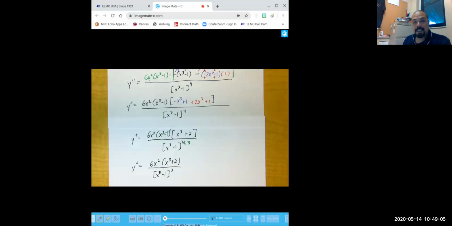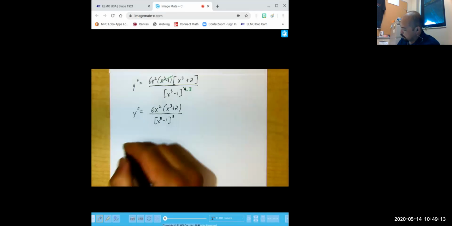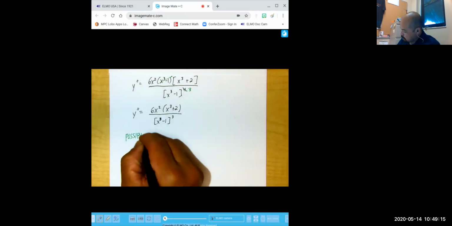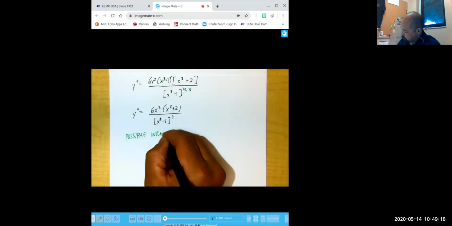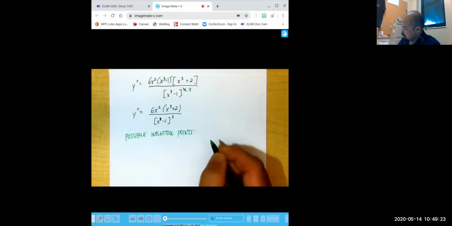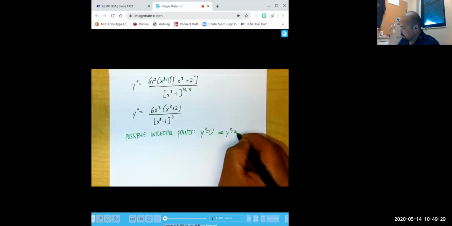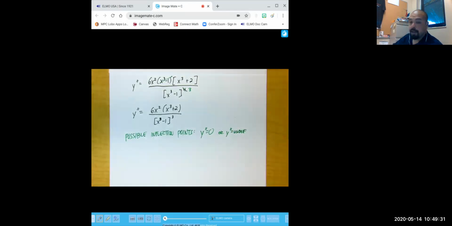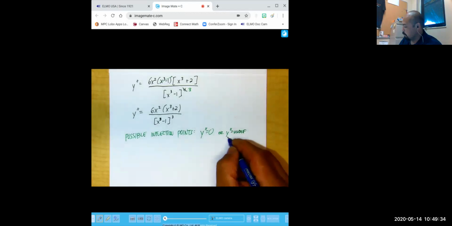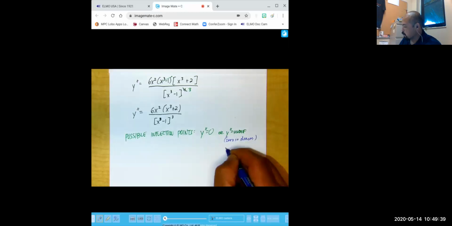So now with that second derivative, our concavity discussion comes in, our possible inflection points, where our second derivative is 0, or possibly undefined. Again, this is going to be 0 in the denominator, and that happens when x equals 1, where we have that vertical asymptote.